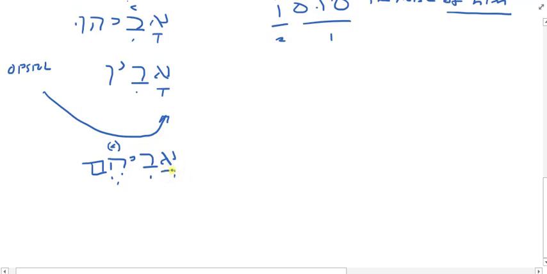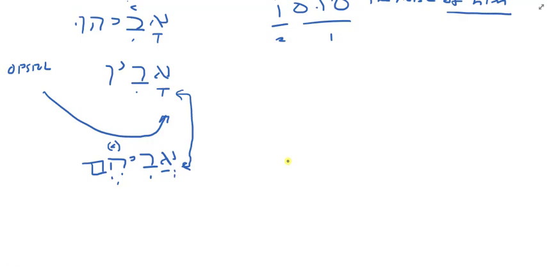But that's why I have two different vowel pointings depending on where my stress is. So Aviv, but Avihem. And then next Avihen. So this is their father, masculine and feminine. And then Avichem and Avichen is y'all's father, male and female versions, depending on whether you have mem or nun. And then Avinu. Notice my stress is back to the bet, and so I have the long a vowel under the aleph.